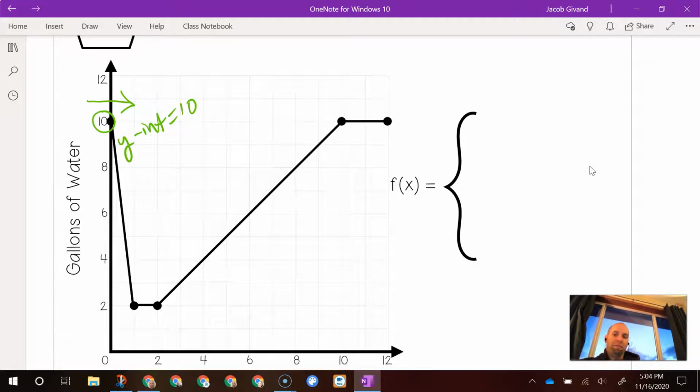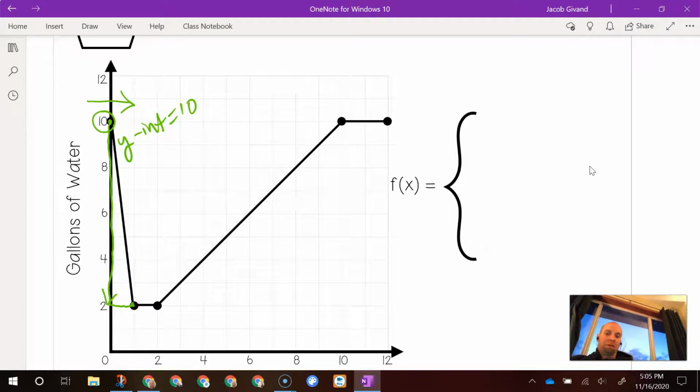Well, this time it's not a rise, it's a drop. From point to point, it's dropping from 10 all the way down to 2. That's a drop of 8. So that's -8. And the run is just 1 across.